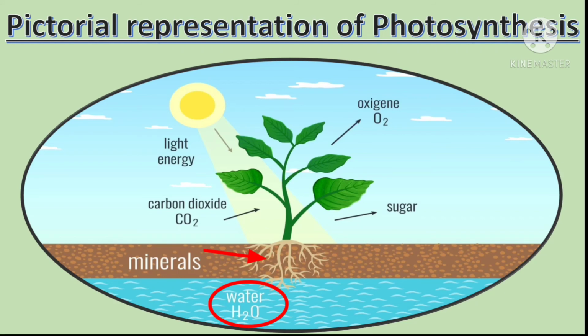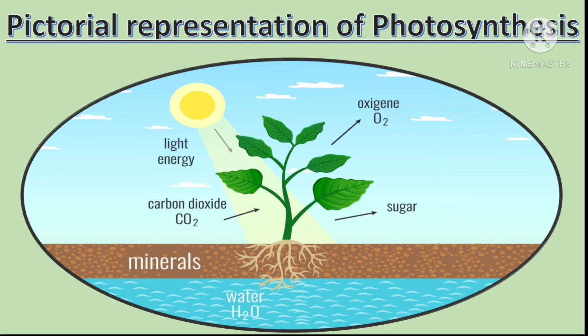C6H12O6, and we know that glucose is also called sugar, which is the stored form of food in the case of plants, and along with glucose, that is sugar, the plant also produces oxygen, which is released into the atmosphere. So hope you are clear with the process of photosynthesis.